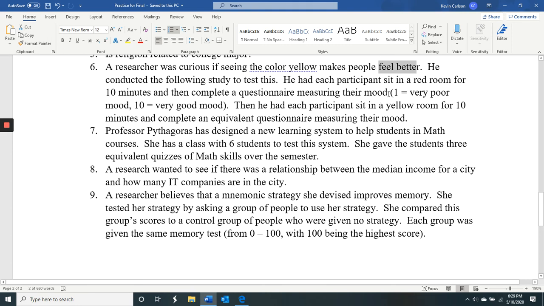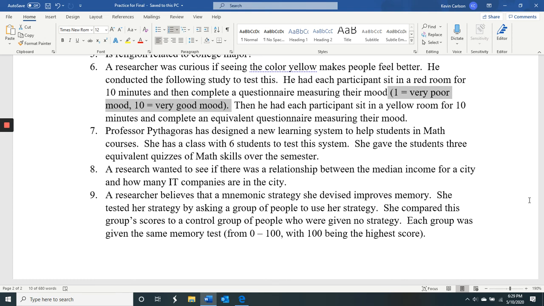How was mood measured? Well, it was measured 1 through 10, so it looks like it's interval or approximates interval. And so what we have here is 2 levels of an independent variable, a variable that was a within subjects design. Everybody was in red and yellow rooms.